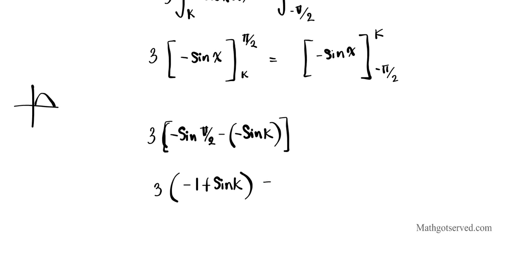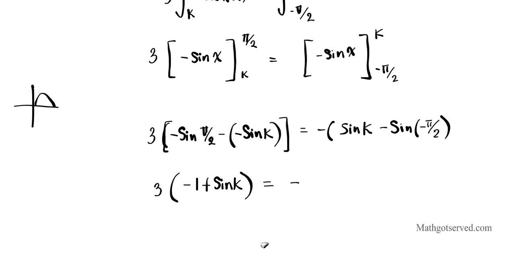And on the right side, let's be smart and take out the minus. Plug in the upper limit of integration, which is sine k, minus sine of negative pi over 2.